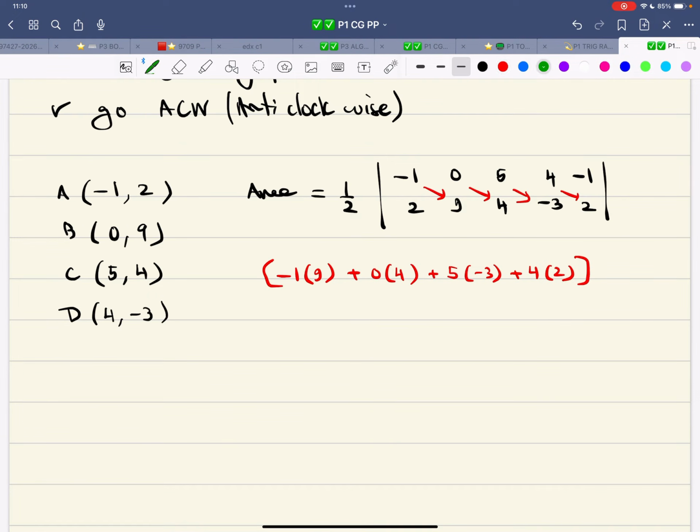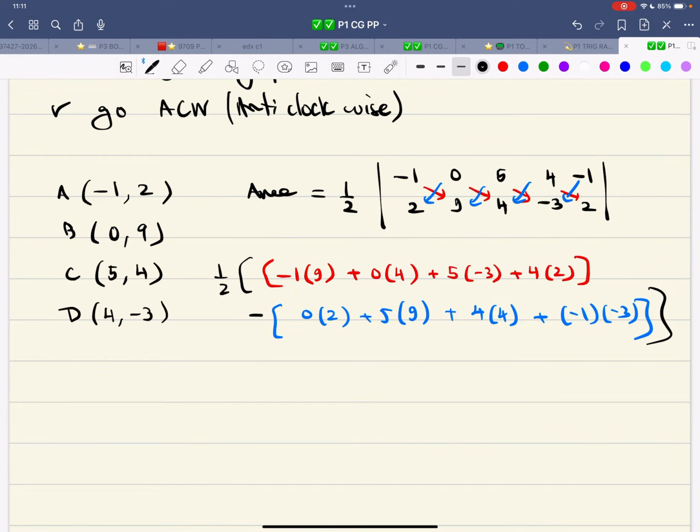And then let me multiply in the blue direction like this, like this, like this, and like this. So this is bracket 0 and 2, 5 and 9. And then we have 4 and 4. Hold for a second. This is 4 and 4. And this is -1 and -3. Close the bracket. Put a negative sign in the middle. And don't forget the half on the outside.